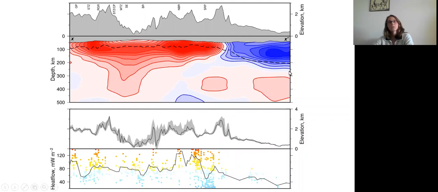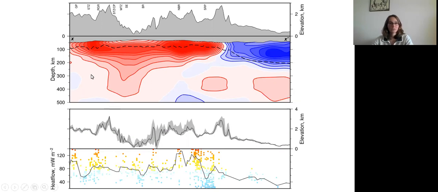And we can now do some very simple calculations just using the potential temperatures and the lithospheric thicknesses we've calculated. Work out what would we expect elevations to be. Does that match what we see in the topography? And we can also work out what the heat flow would be. And I didn't say this before, but we actually also see elevated heat flow in the bottom panel here.